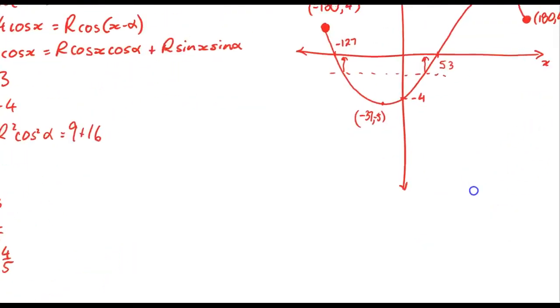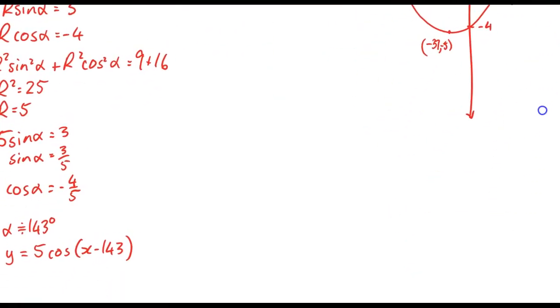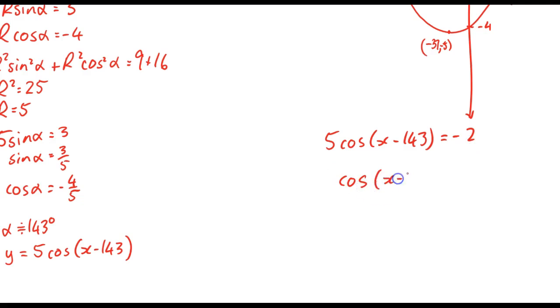So what we're going to do is, I'm going to say 5 cos x minus 143 equals negative 2, means that the cos of x minus 143 equals negative 2/5. Rightio. We better keep an eye on the domain.